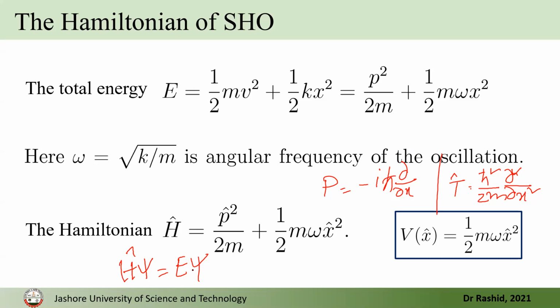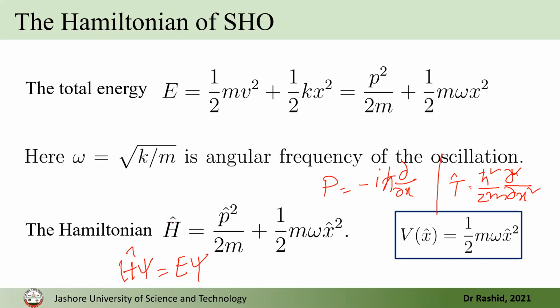Rather, we can simplify the Hamiltonian, which we call factorizing the Hamiltonian, such that the equation we need to solve involves only a first order derivative. So instead of solving the second order differential equation, we can solve a first order differential equation to get the wave function for the quantum harmonic oscillator.